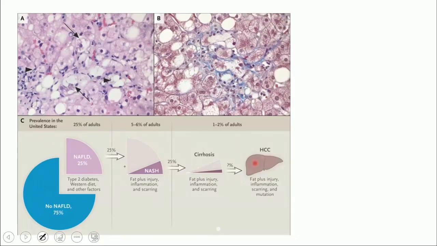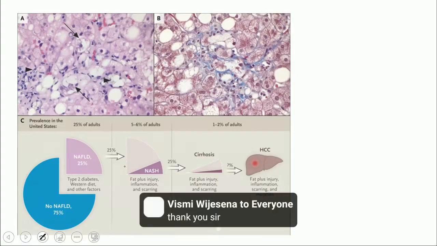Right. So we're talking about the spectrum of non-alcoholic liver disease. Initially you get fat deposition within the hepatocytes, but then with more progressive fat accumulation, they get a sort of injury and inflammation picture, which is called NASH. And this can progress into cirrhosis.